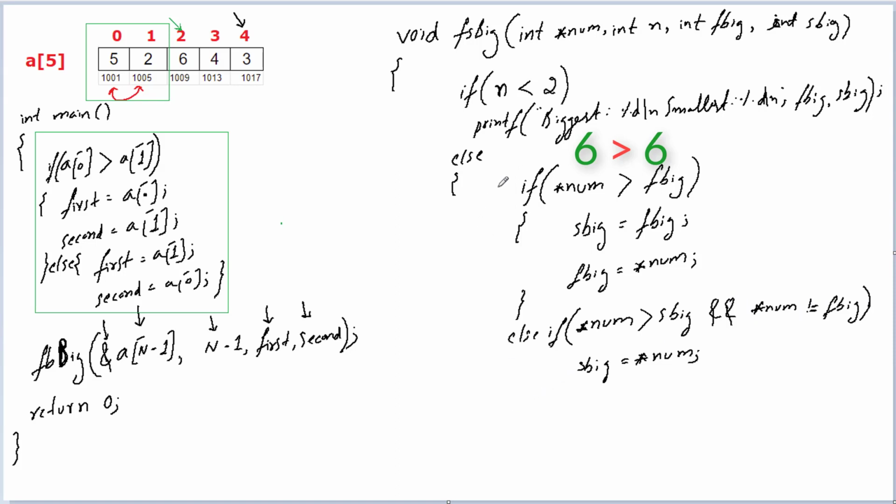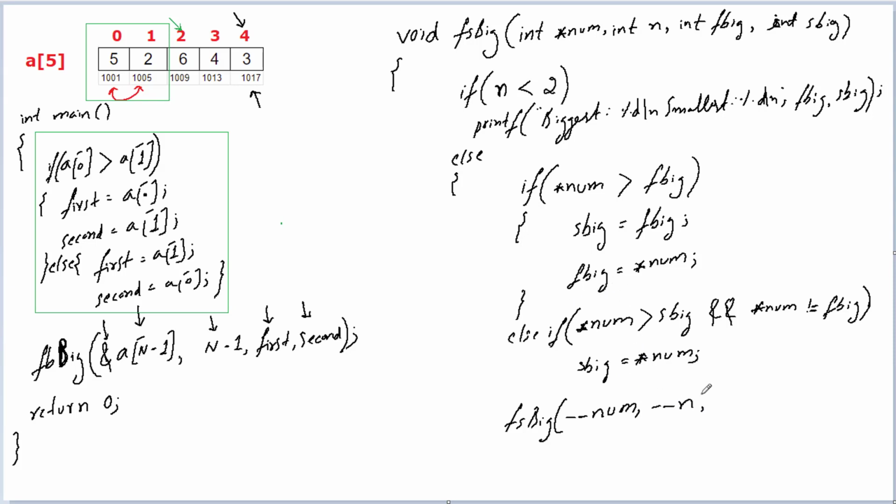Now let me call the same function f s big recursively here. Since this is pointing to the last index of the array, let me decrement the value or the address of num by 1 for each call. Now the second parameter points to the last index of the array, so let me decrement the value of index by 1 for each call.